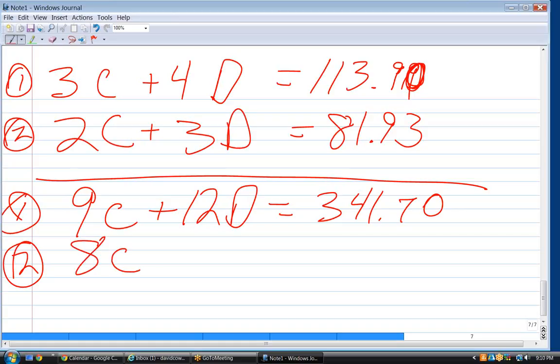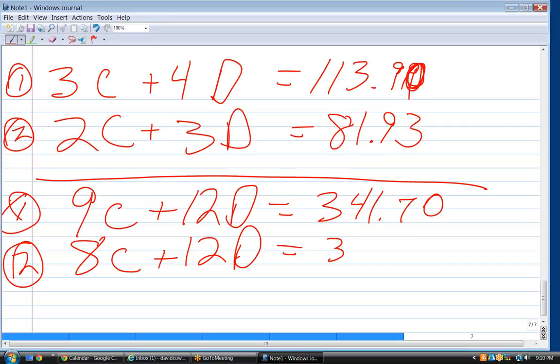Now that gives us 8c plus 12d equals, what's 4 times that number? Oh, I'm sorry, I was looking at the wrong number.